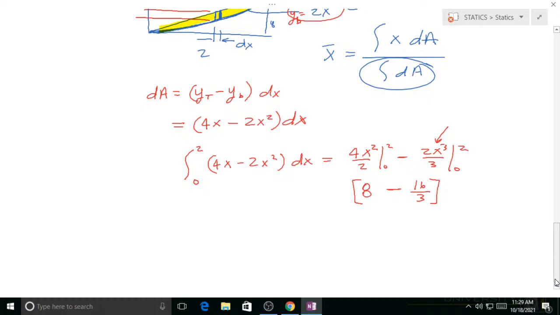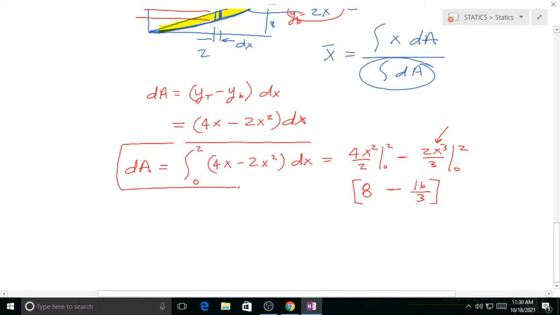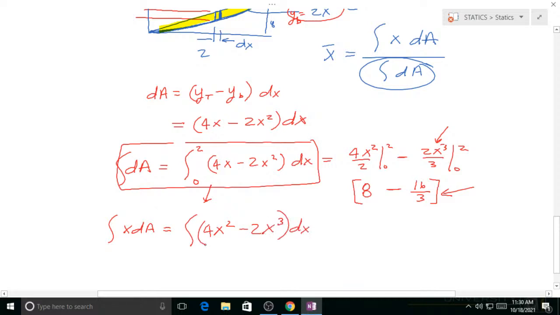Now here's the beauty: I can take this number, and it ends up in the denominator. And now I do this, x dA. Actually, this should have an integral in front of it. I can just put an extra x in there: the integral of 4x squared minus 2x to the third dx.